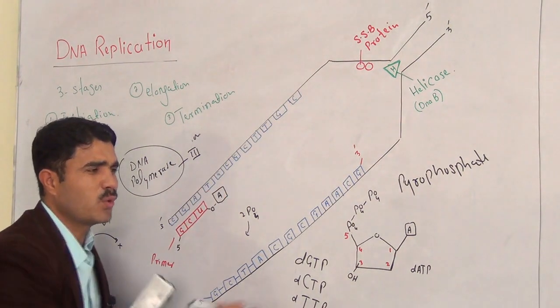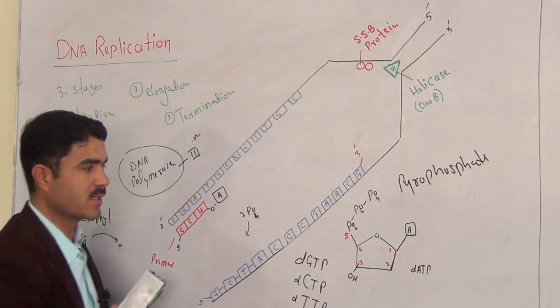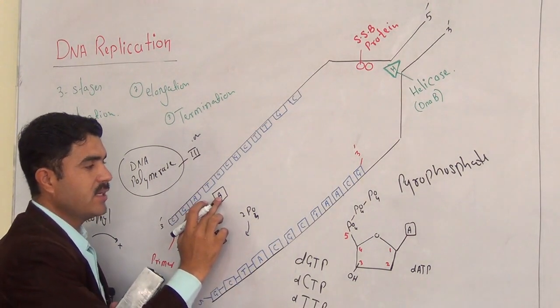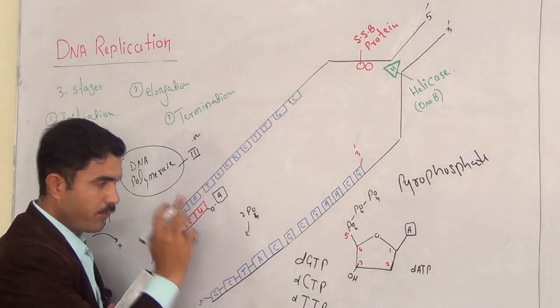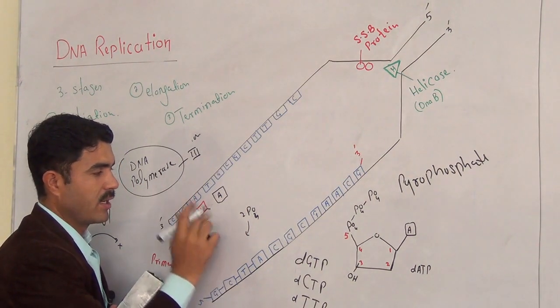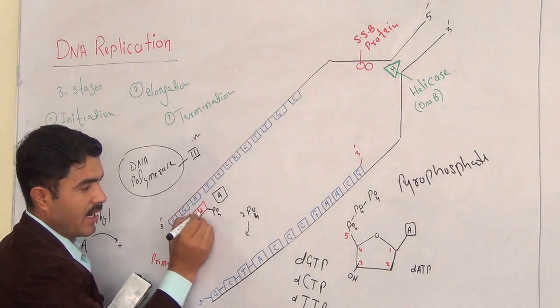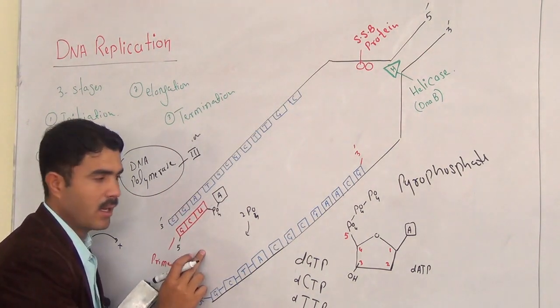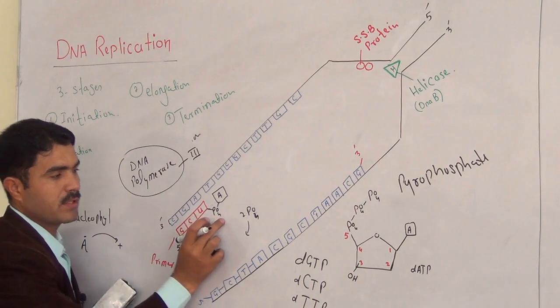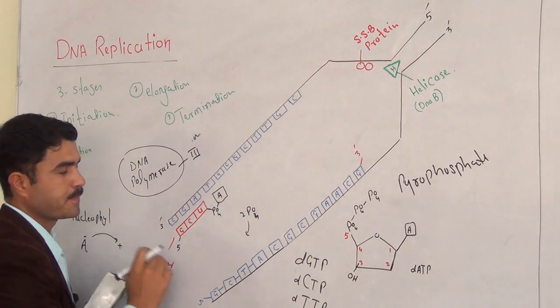I will not show the sugar phosphate here because there is no need to show it, but now look, the adenine has been attached, and of course this OH will serve as a bond, as a phosphate bond. So there will be a phosphate bond between that uracil and the adenine. So again one phosphate bond is formed now here.